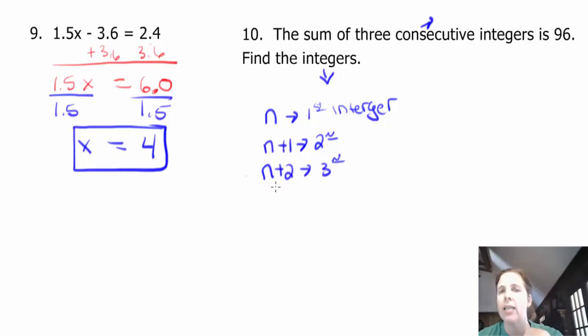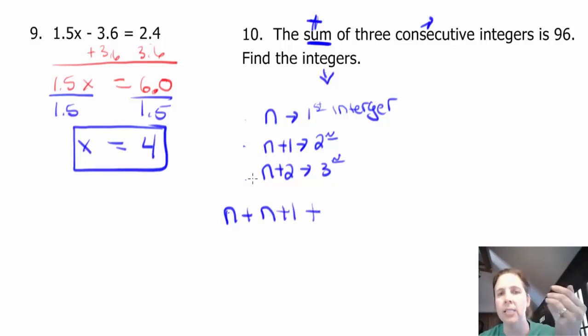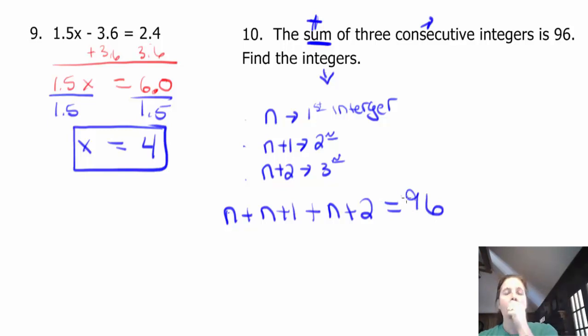If you start it like this, it makes things so much easier. Now it says the sum, which is just adding together. So we take these 3 things, add them together, and have it equal 96. So n plus n plus 1 plus n plus 2 equals 96.